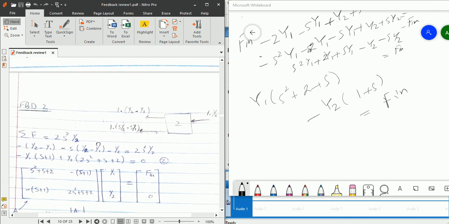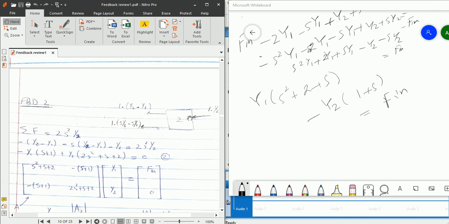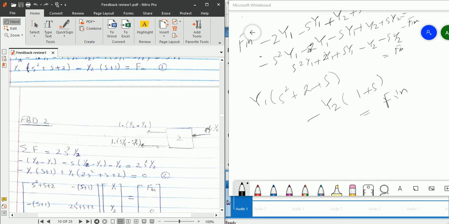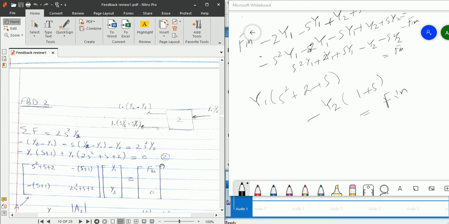And now sum all these forces which are towards left. Here you are modeling the force towards right as positive, and you are taking the forces towards left as negative, so therefore take these as negative. So minus of y2 minus y1 minus s into y2 minus y1, and similarly minus y2 is equal to 2 s square y2.